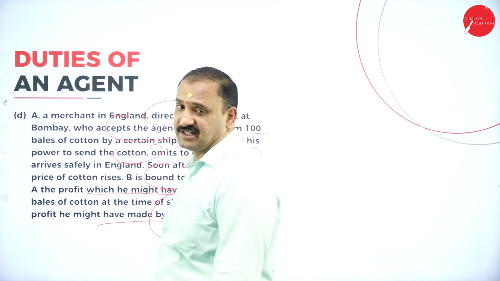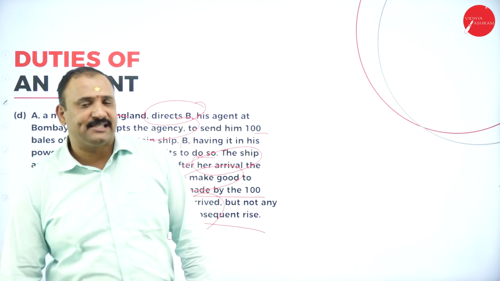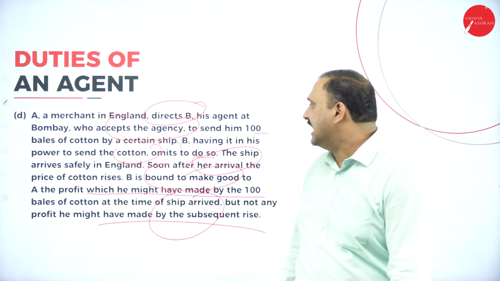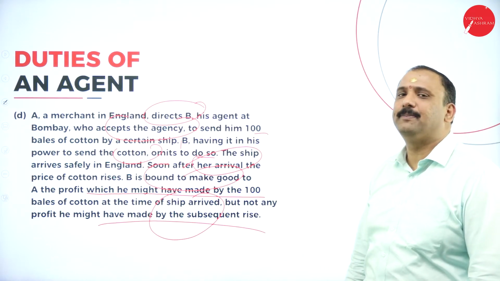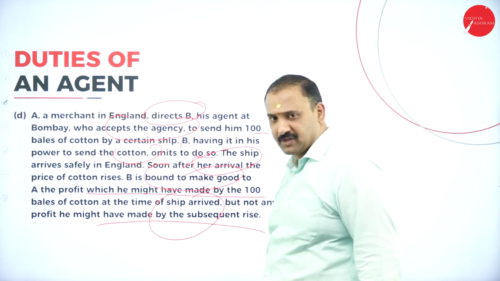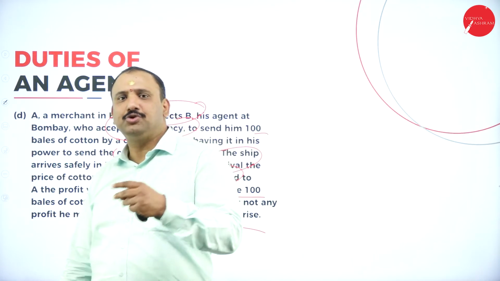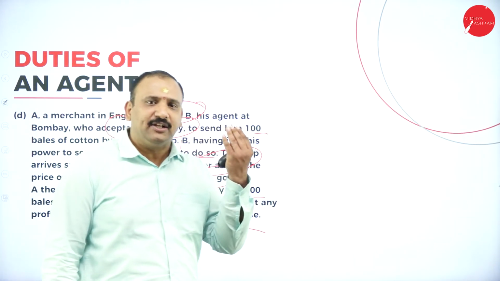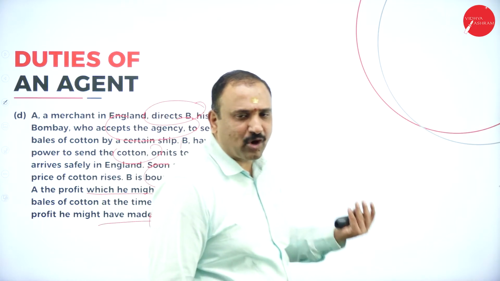Now please understand the scenario. A is a person in London who has appointed B as an agent, and he has told him to send 100 bales of cotton through a ship. But the agent, as usual, forgets about it, and the ship goes sailing to London without the bales of cotton.